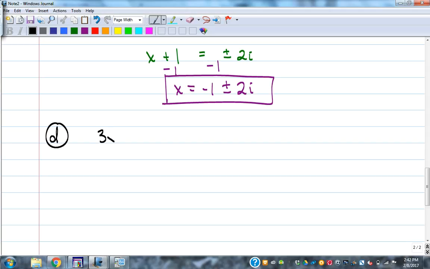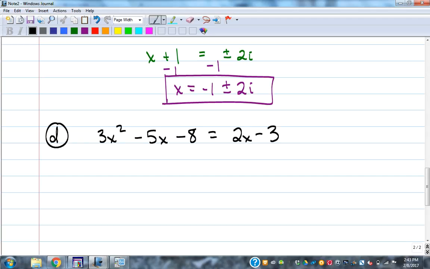It's this one. 3x squared minus 5x minus 8 is equal to 2x minus 3. That one looks hard. Why does it look so hard? Yeah, you got stuff on both sides, and we got some like terms, don't we, on both sides?